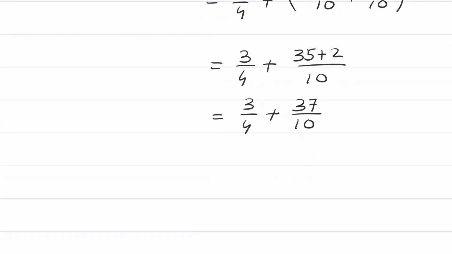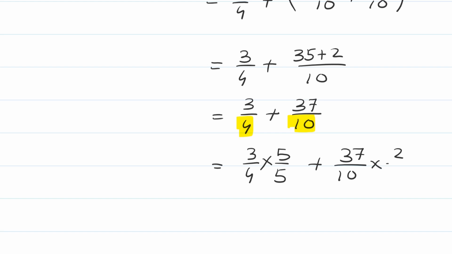LCM of 4 and 10 is 20. So multiply first ratio and divide by 5. Multiply and divide second ratio by 2 to change base of each term to LCM 20.